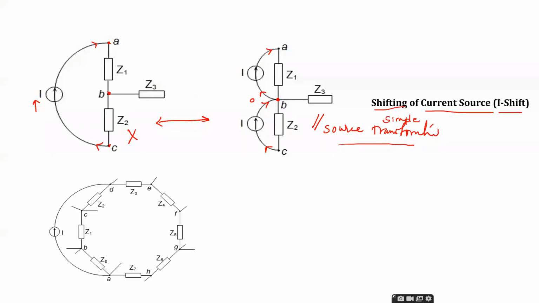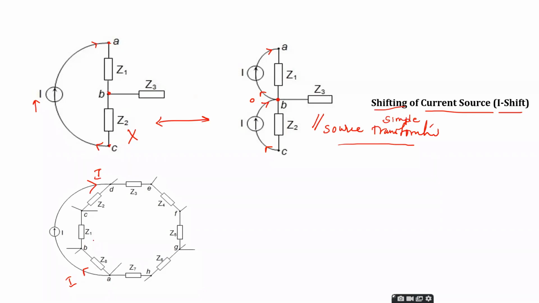Next, consider one more circuit here. Here, nodes A to H are available, and impedances from Z1 to Z8 are available, and the current source I is connected between node A and node D. From node A, current I is leaving. To the node D, current I is entering.